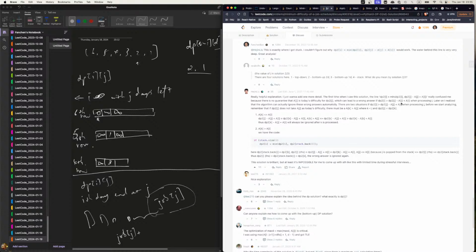So, okay, that makes sense. So if aj is the biggest, then we're good. But now we have an issue where aj might not be the biggest. If aj is not the biggest, then there must be an ak which is larger than aj. Now if this ak is smaller than the current ai, then this satisfies, which is correct, because dp2j is equal to dp2k.